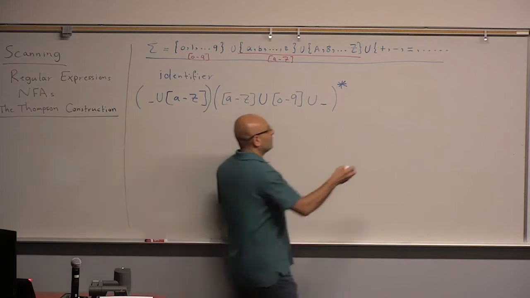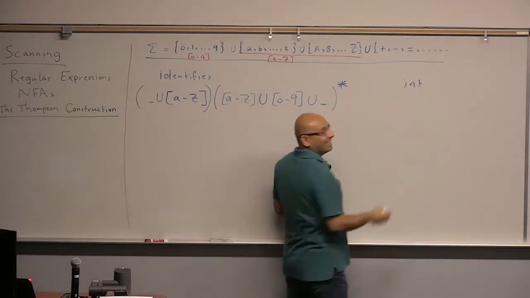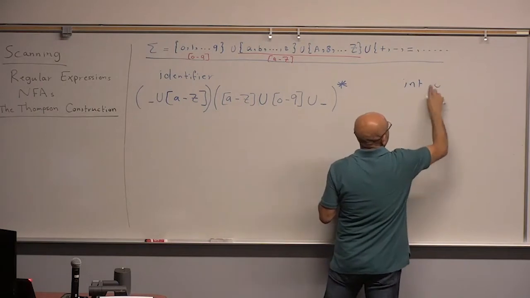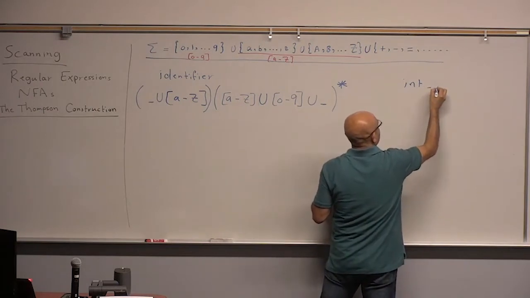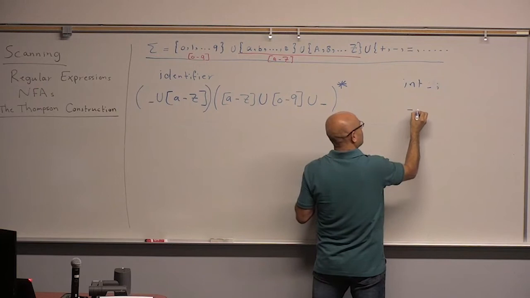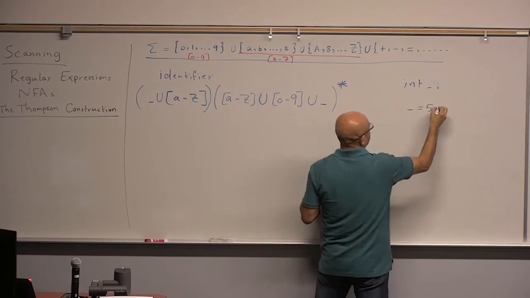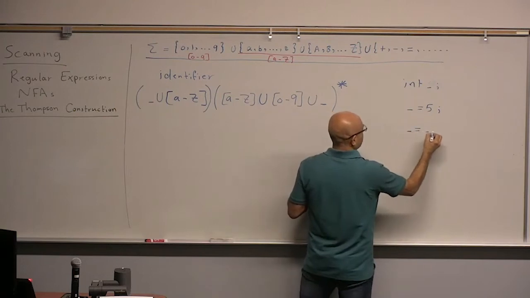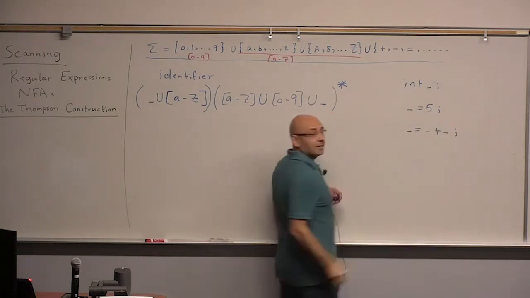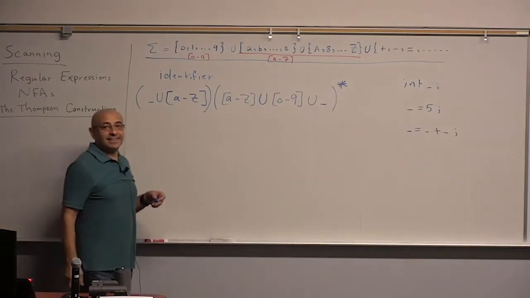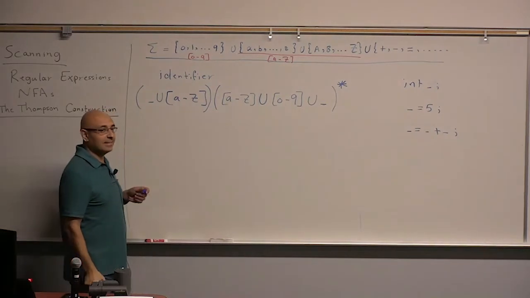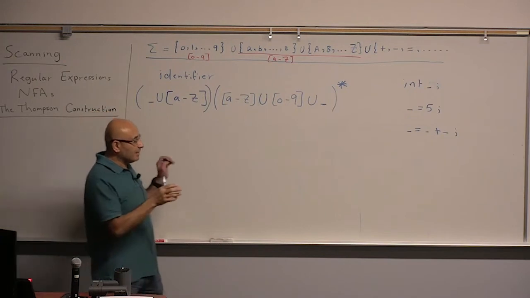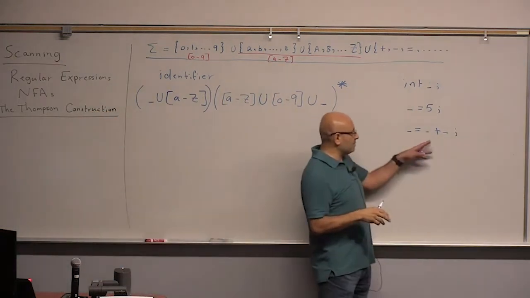So I tried once to do this: integer underscore, and then underscore equals 5, or underscore equals underscore plus underscore. And this was accepted.